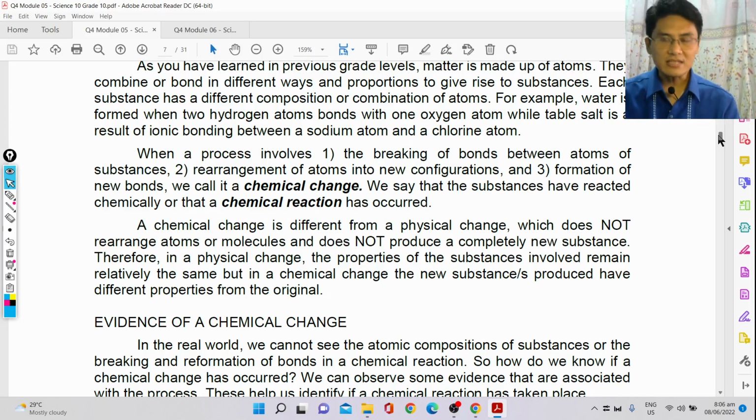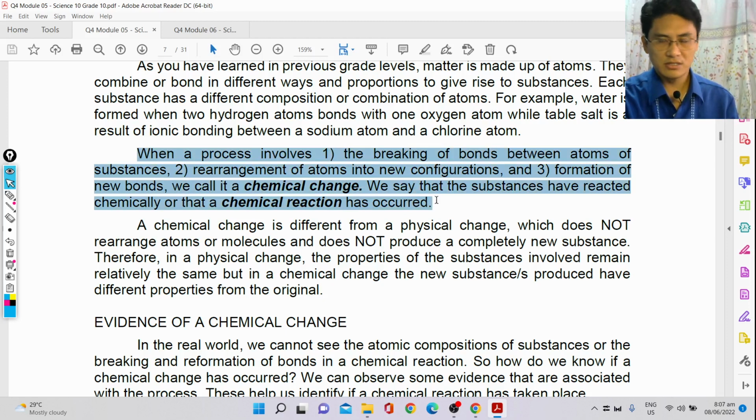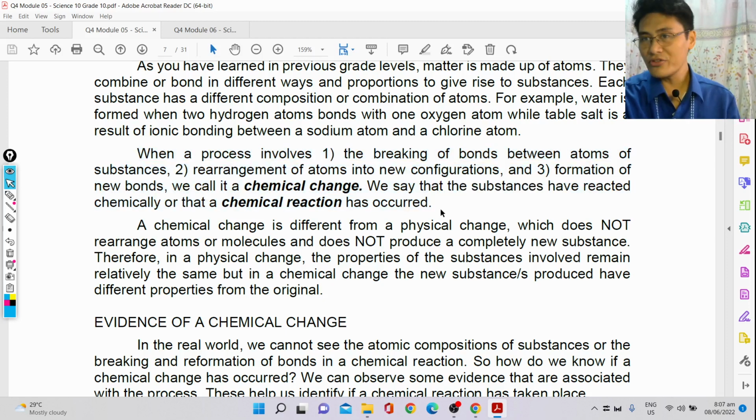It's just the physical form, the phase, and other types of physical forms. That's the only thing that is changed in a physical change. But in a chemical change, again, there's this elaborate process where you come up with new substances, and it's very different from the original substances that you originally had.